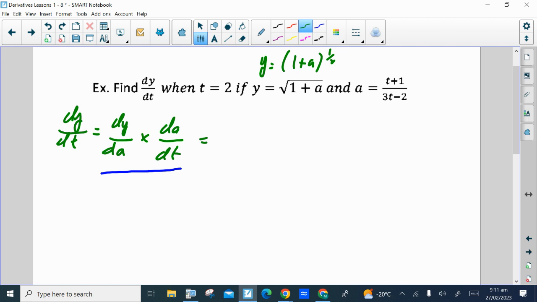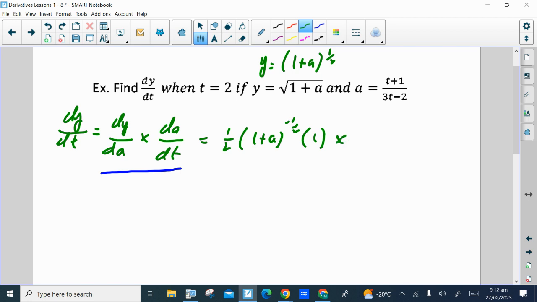So dy by dA would be 1/2 times 1 plus a to the negative 1/2 times the derivative of what's inside. The derivative of 1 is 0. The derivative of a is just 1. So there's dy by dA.